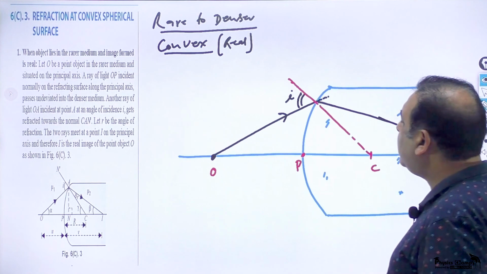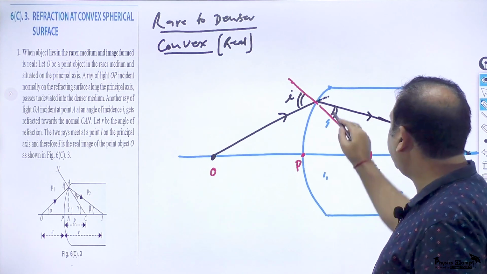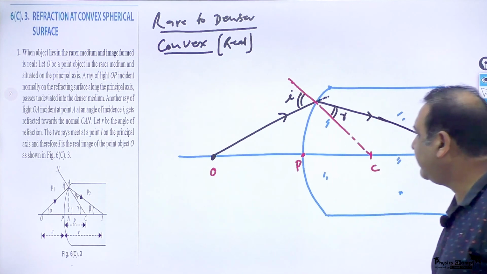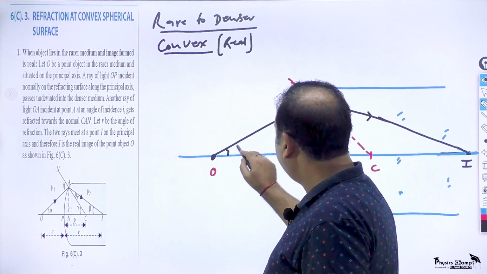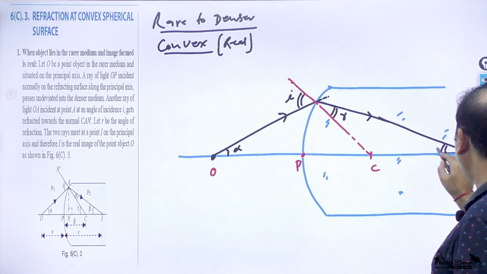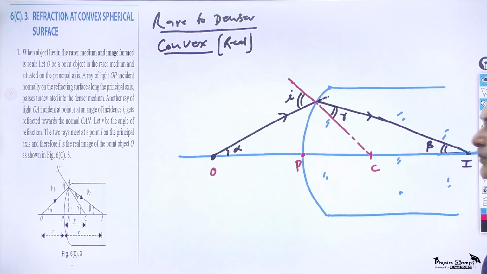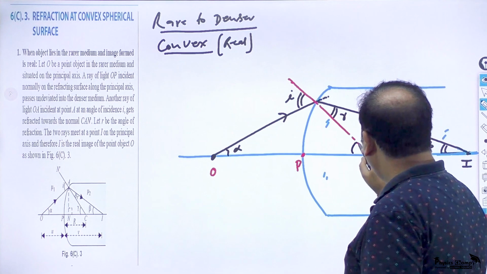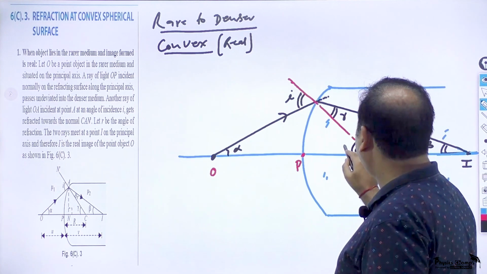And if we look at the angle between the refracted ray and normal, it will be angle R. Let's name other angles also. This is alpha, and the angle made by the image at the principal axis is called beta, and the angle by the center of curvature and normal, it is say gamma.